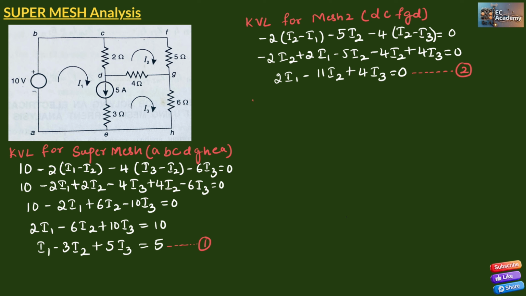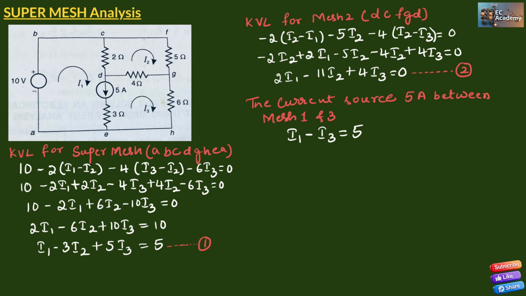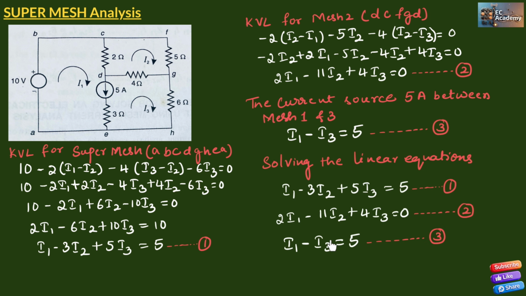Let us call this equation number 3. Now we have these three linear equations. Let us solve these three linear equations to find the loop currents in the given circuit.